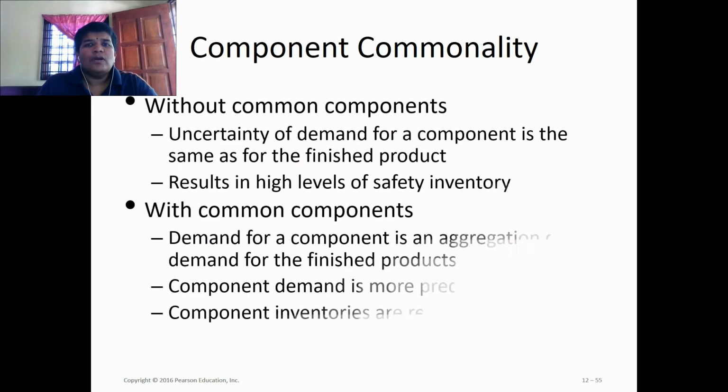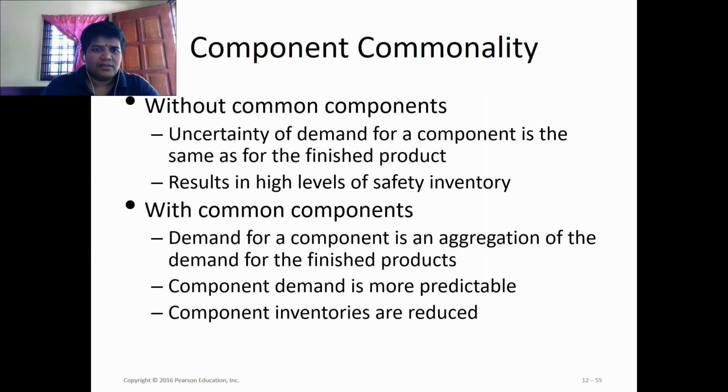Component commonality. In this section we will see what component commonality is all about. Without a common component, the uncertainty of demand for a component is the same as for the finished product, and it also results in a high level of safety inventory.